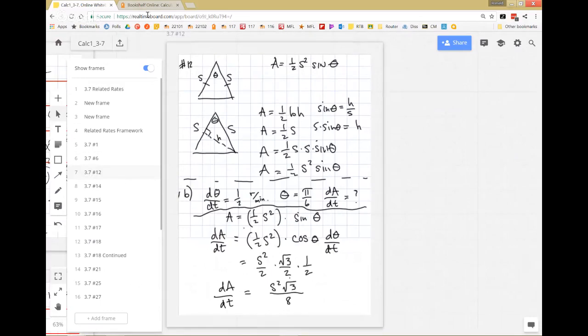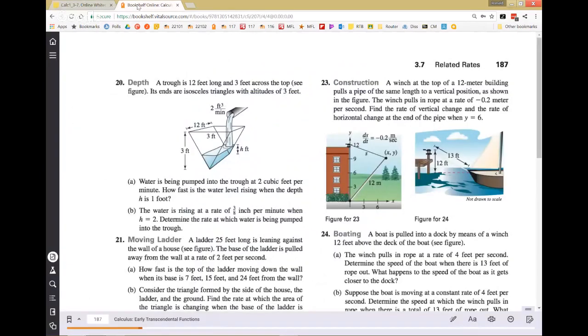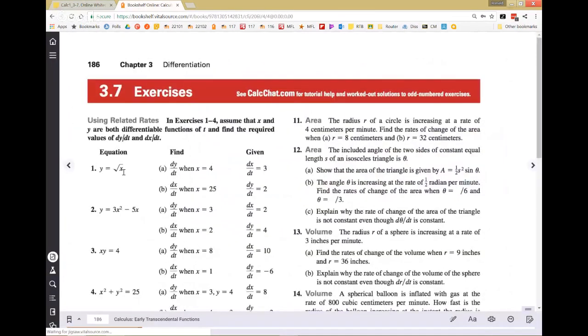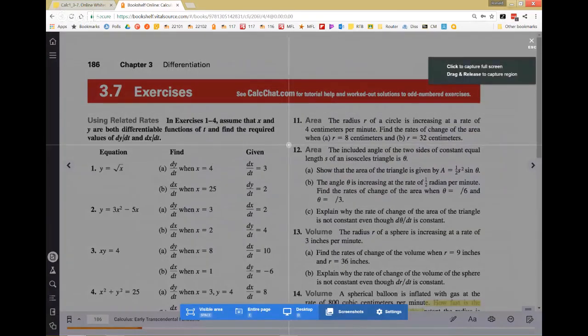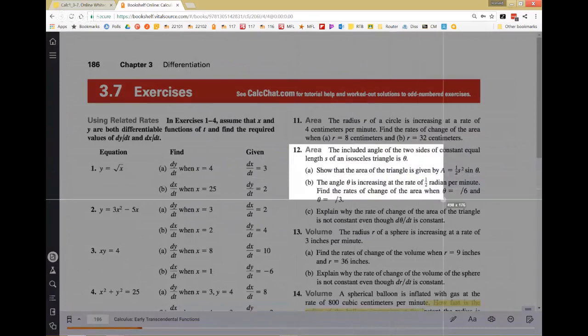So let me go get the problem, number 12, just so we don't have to go, otherwise I can't really, I don't have a book here, so we'll do this.